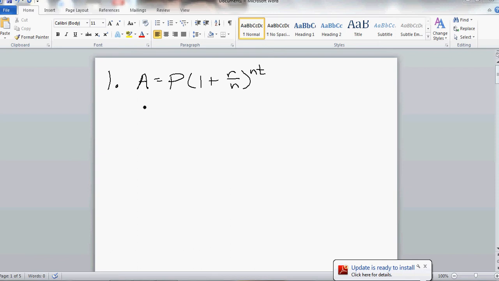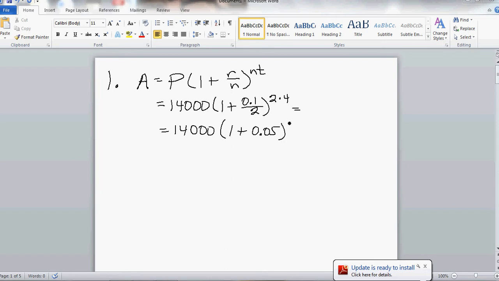So with that in mind, all we have to do is plug in the values. We get 14,000 times 1 plus, okay, 10% is 0.1, over semi-annually is 2 times a year, and it's 2 times 4. So this will equal 14,000 times 1 plus 0.05 raised to the 8th power, or 14,000 times 1.05 raised to the 8th power.